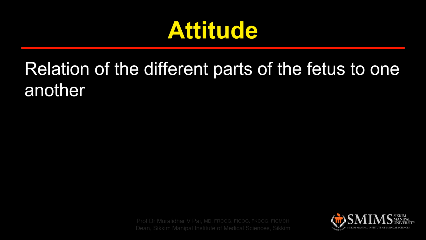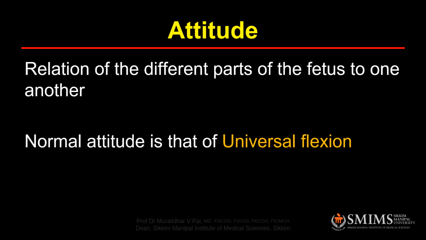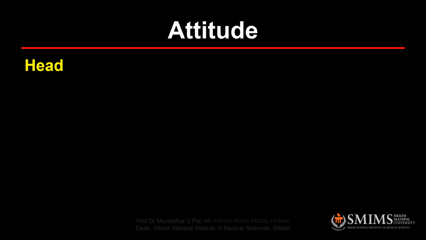Attitude. Attitude is the relationship of the different parts of the fetus to one another. The normal attitude is that of a universal flexion, that is, flexion at all joints: neck joints, the shoulder joints, elbow, hip, knee, and ankle joints.